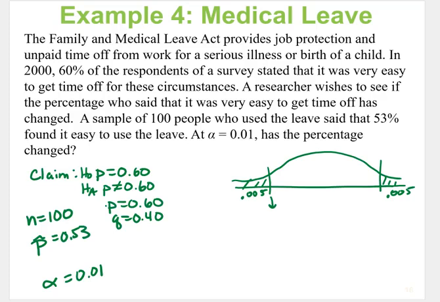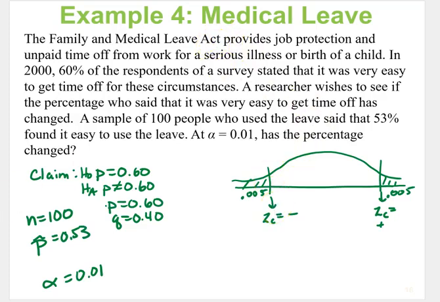These critical values are going to be identical, one positive and one negative. I'd go to my chart and look up that area. You know, I think we've done critical values already.